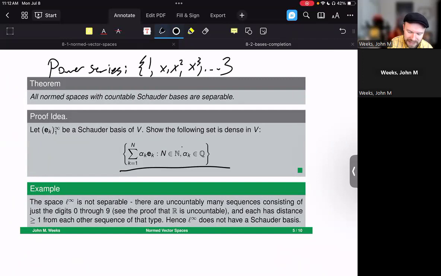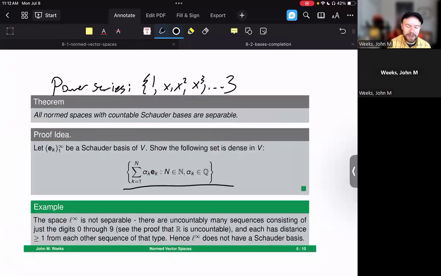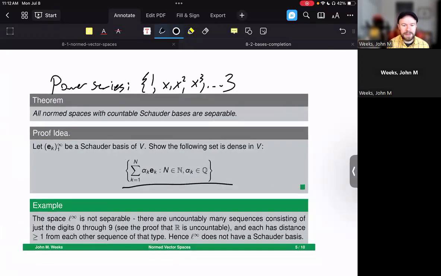One is that you're going to be taking your scalars in the rational numbers, kind of like how we did in that homework problem. We're going to be multiplying those times the elements of the Schauder basis, and we're only going to be considering linear combinations, or for emphasis, finite linear combinations with respect to elements inside of that Schauder basis. That turns out to be a countable set.